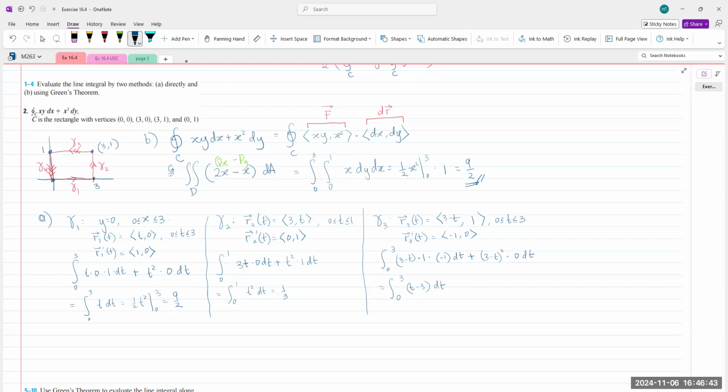The second term is 0, right? That gives 1/2 t squared minus 3t from 0 to 3. Oh, I'm sorry, this is t squared, not t cubed. That's 9/2 minus 9, which is negative 9/2.